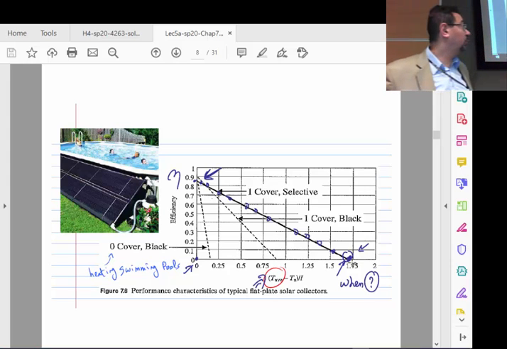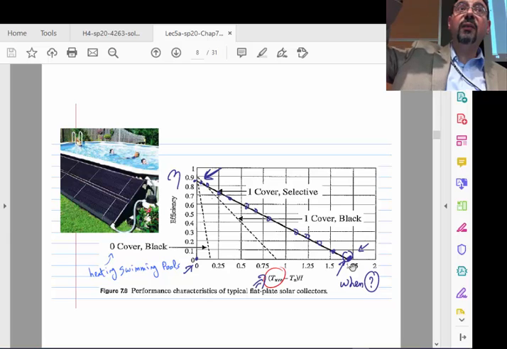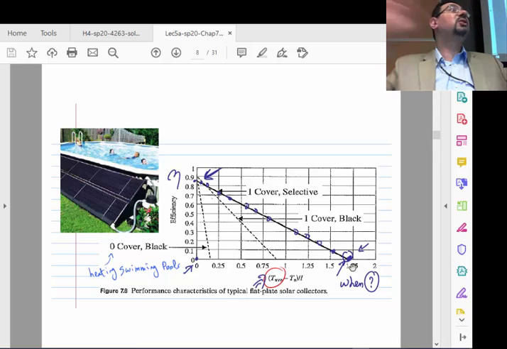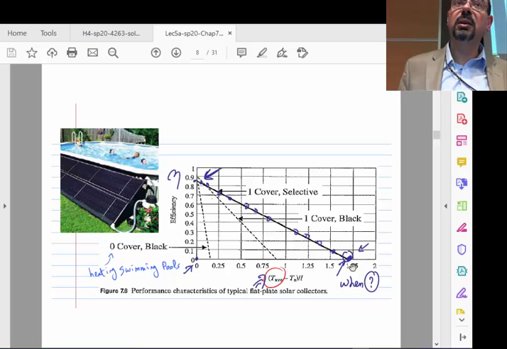Okay, and we said that would be similar to a car in the summer with the windows closed. It will get hot enough, and after that the temperature does not get any higher. Why? Because at that point the seats and the steering wheel and everything inside is radiating enough to dissipate all the input, and that's why they reach steady state. All the input equals all the losses, right?